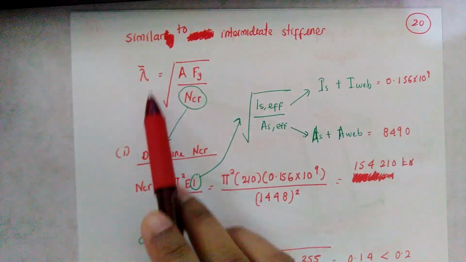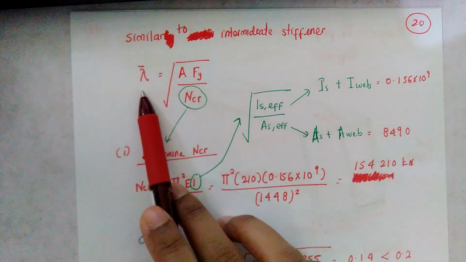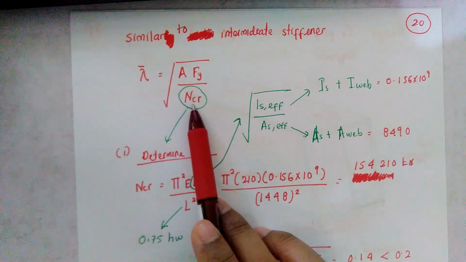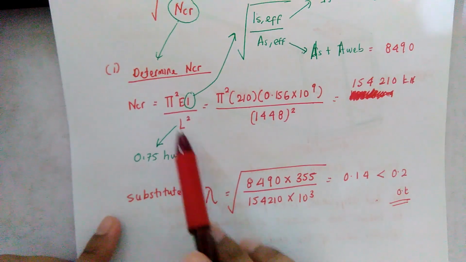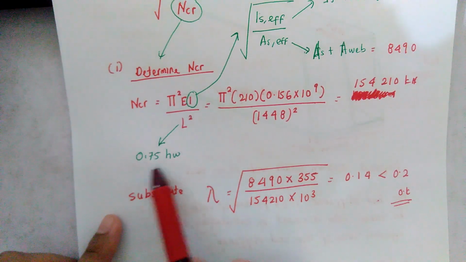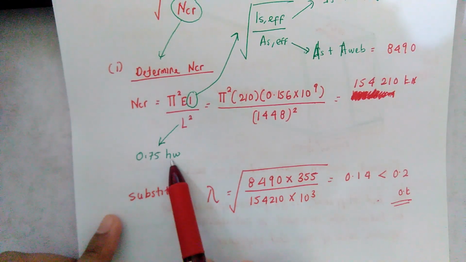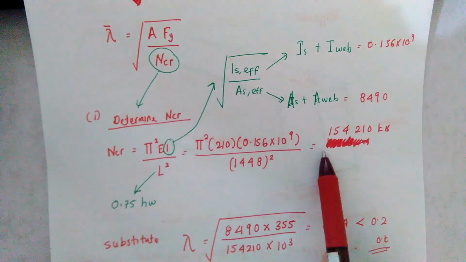So we conduct the same check and we need to find what is our lambda, the slenderness parameter. Again, we need to find what is Ncr. So here we have Ncr, which is pi squared EI over L squared. Again, L is equivalent to 0.7 hw.